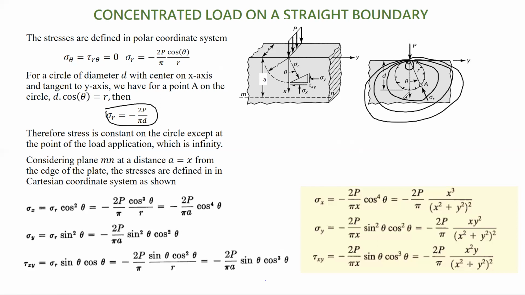So it propagates in the form of these circles that I have drawn. The larger the circle, the smaller the stresses. So the further away you go from that point of concentrated load, the smaller the stresses will be. And you can see the picture there.